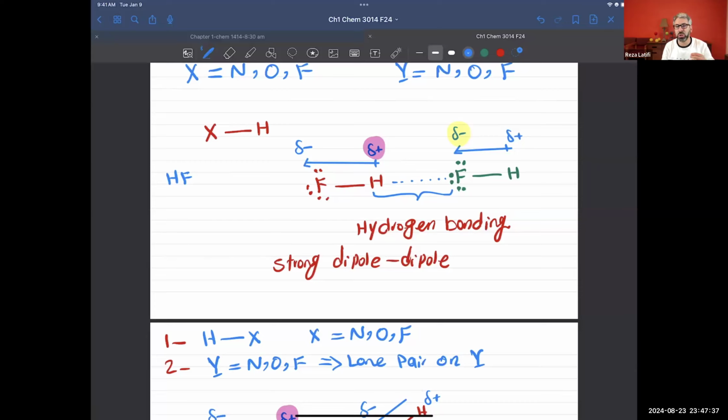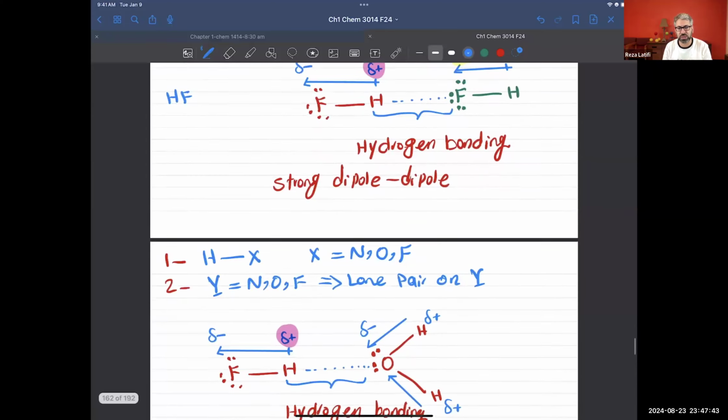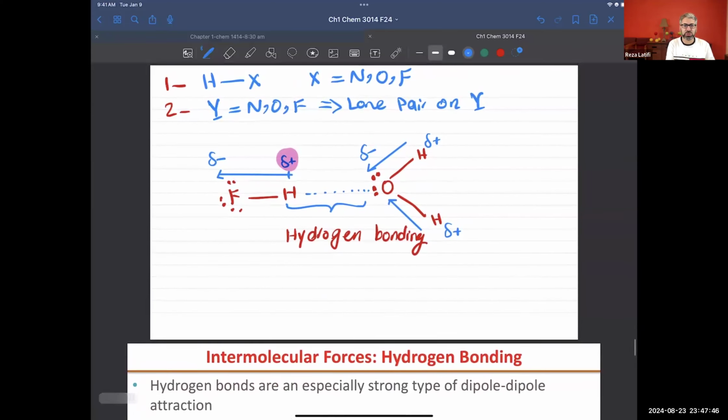You are dealing with a lone pair, two electrons sitting on a fluorine, or let's say in this case, oxygen, and you're sharing it with hydrogen. That's going to be a strong intermolecular force. So instead of having just delta minus, we have a lone pair that we share with hydrogen, and that's the reason we call it by a unique name: hydrogen bonding.